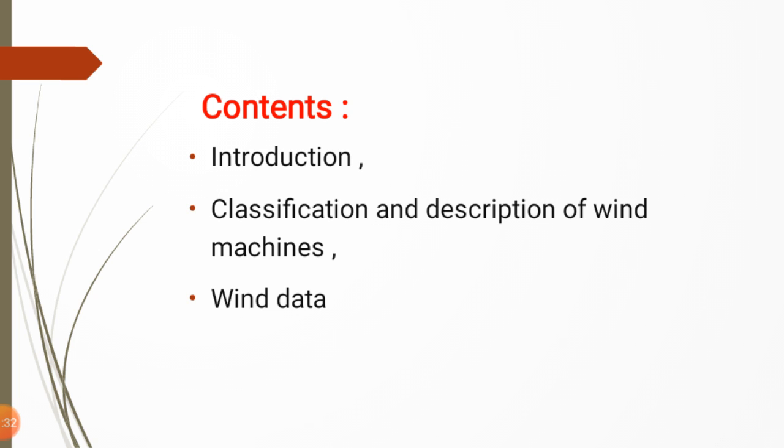Second is the classification and description of wind machines. That means different types of wind machines are used to produce electricity from the mechanical power of the wind. Generally there are two main types: the vertical axis wind turbine and the horizontal axis wind turbine.